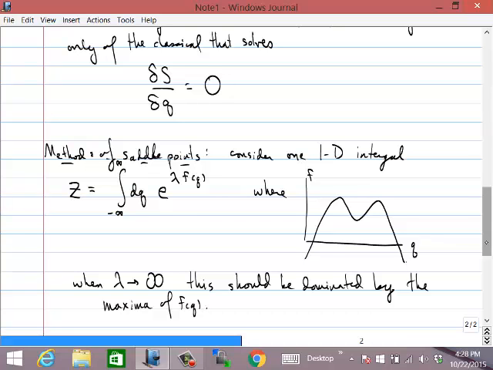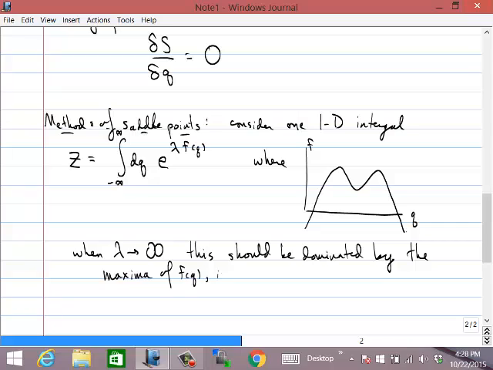And in particular, it should be dominated by the value of the function f at those points q star where the derivative of f is equal to 0.